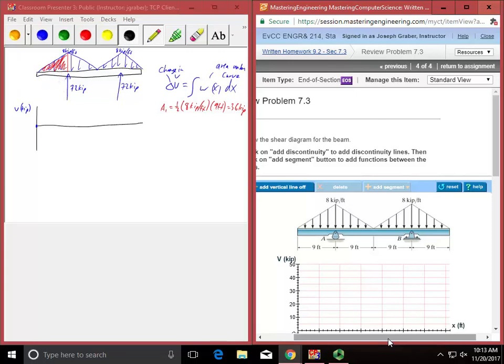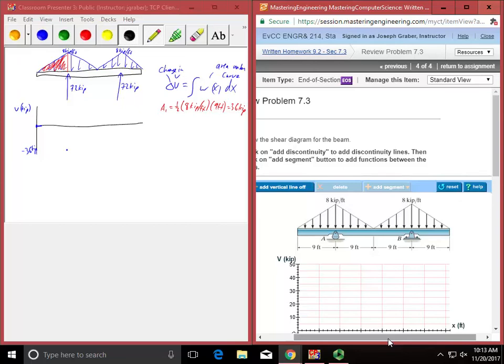Okay, so now we know that we're going to go down, and we're going to go down 36. So I'm going to go down here, I'm going to say, at this point, we're going to be at negative 36 kip. But how we get there, we have to look at it. What's my initial slope? My initial slope is 0, because my loading starts at 0, right? So I'm just going to put a little dashed line that shows my slope.